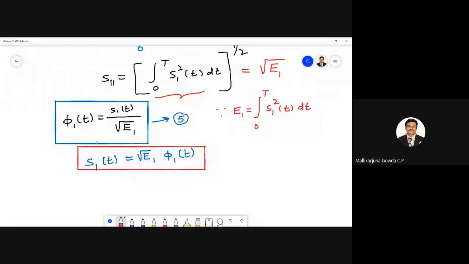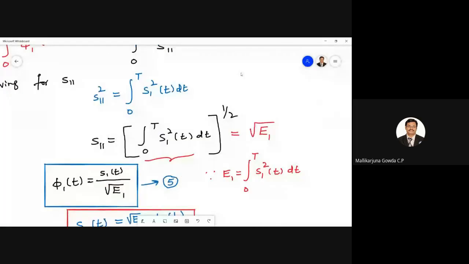Similarly, what is the next step I need to find out? How do we go about the next step? Is this clear? Hope everybody understood the first step procedure.